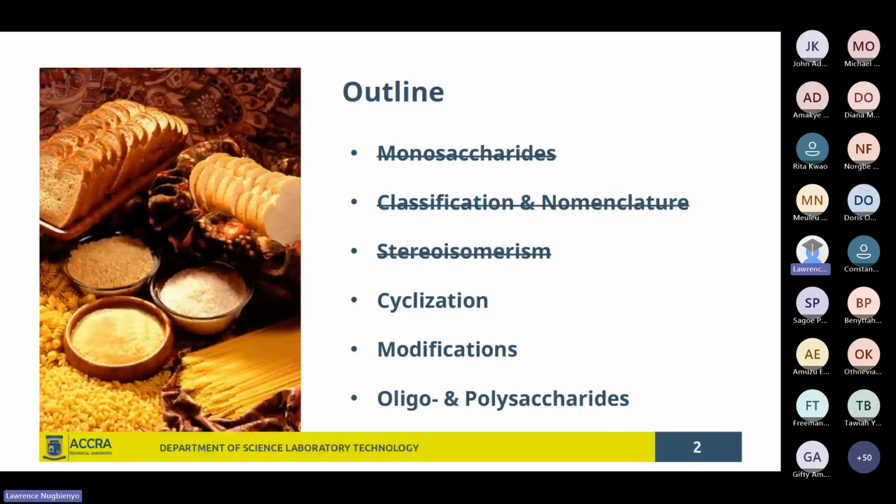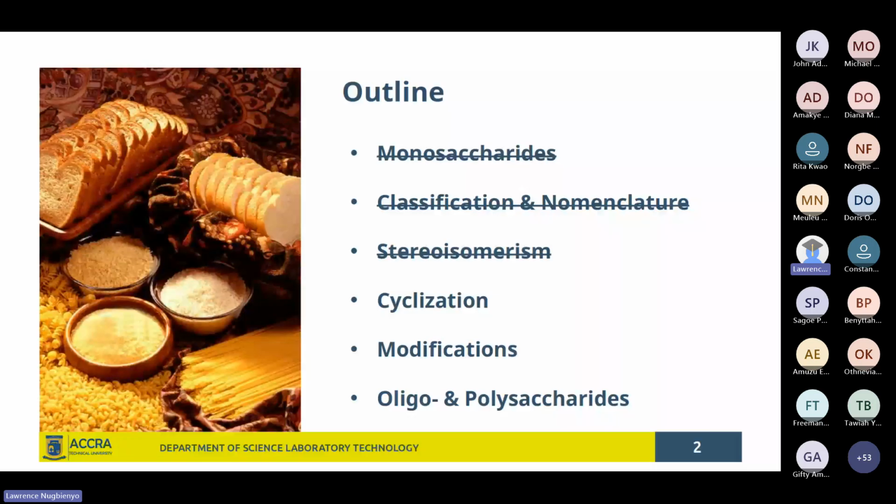Today we'll be continuing with cyclization of the monosaccharides. Looking at the complexity of this course and the fact that it's the first time that you are doing biochemistry, I just think that we shouldn't go beyond cyclization today.